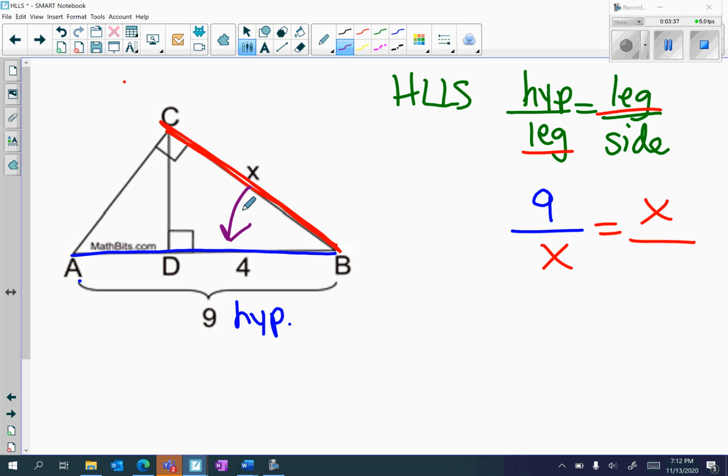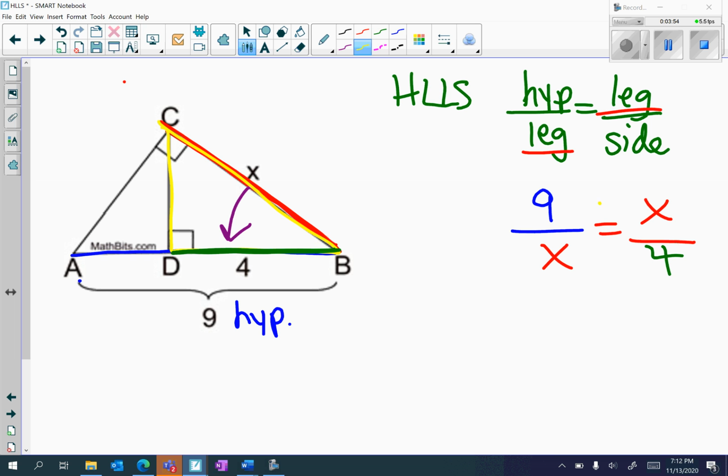Remember, it's the side across from the leg looking at this triangle CDB outlined in yellow. So that would be DB, which is 4.